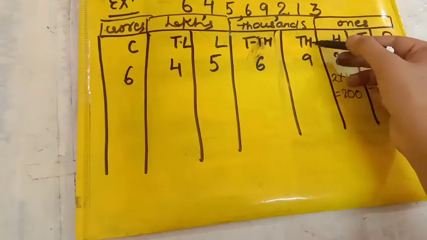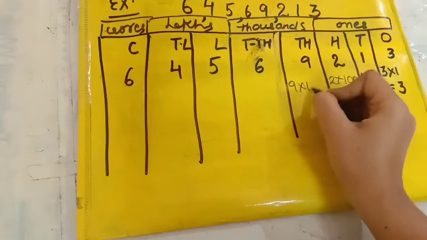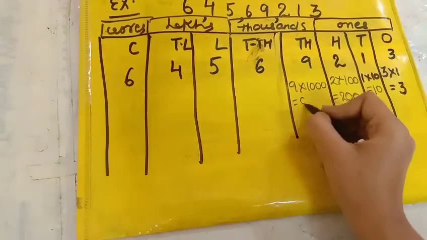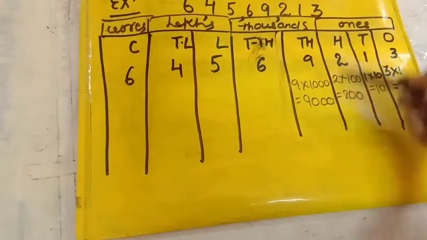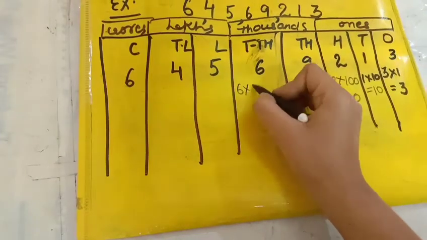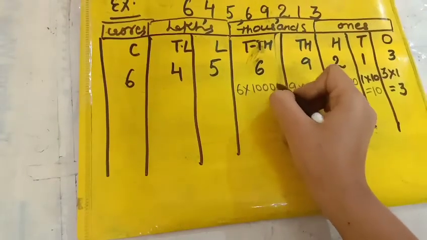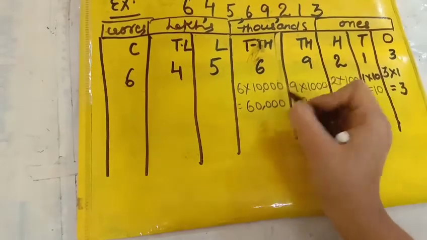So the place value of 2 in this number is 200. 9 here in thousand period, place, so 9 into 1000, 9,000. The place value of digit 9 in this number is 9,000. 6 in place of 10,000, so 6 into 10,000, 60,000.